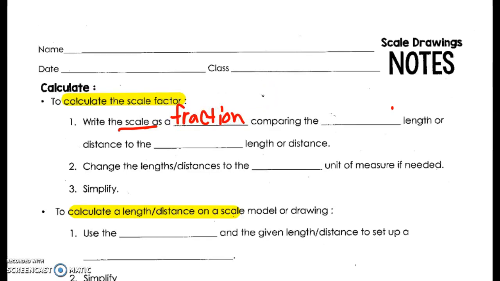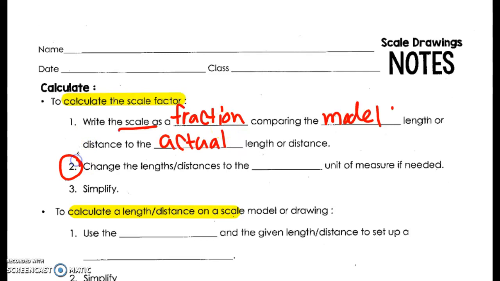Just in the fraction form, and again, there's a very specific way you have to write it. You just need to know that a fraction scale is comparing the model length to the actual length, model to actual.